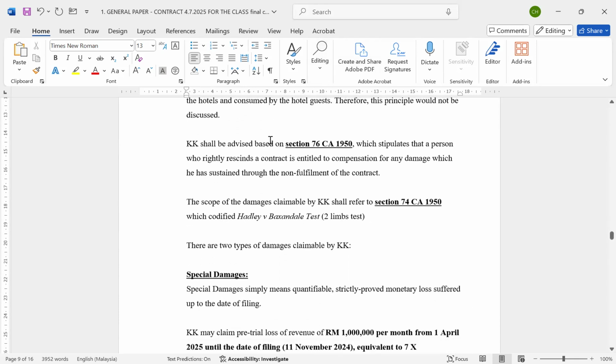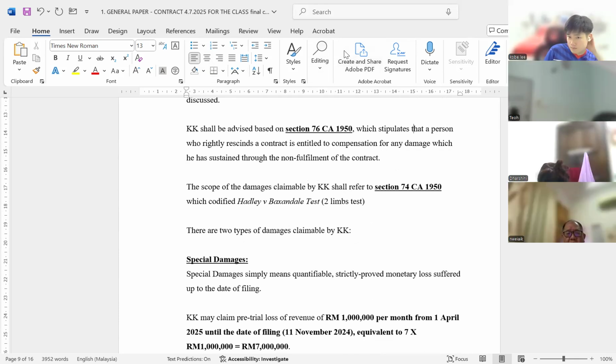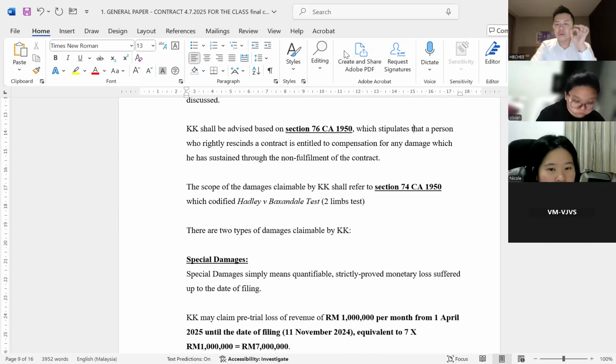Okay, so this is how, and don't go straight away to Section 74 yet. You must get the legal provision that gives you the right to claim compensation first.